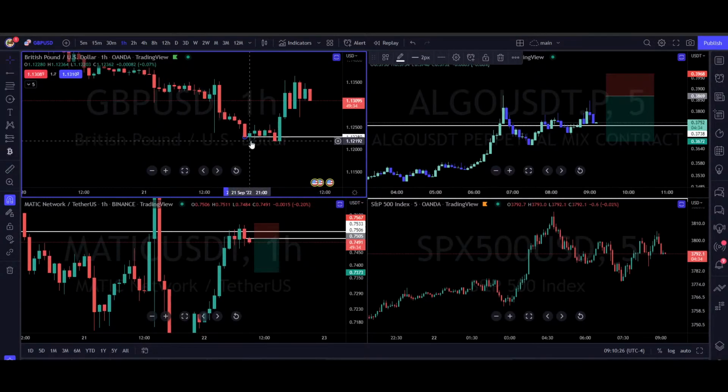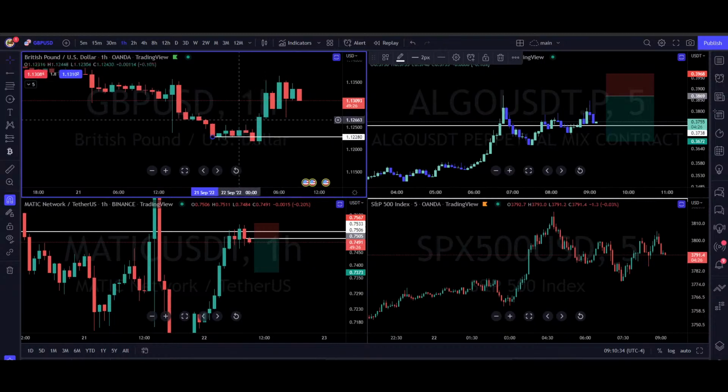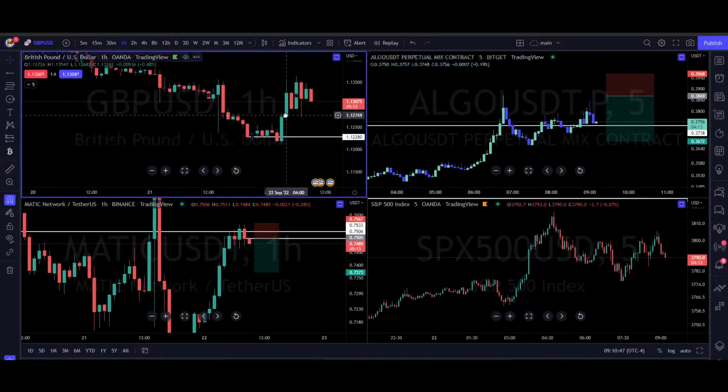Also, anybody that got long over here, this is to stop them out. This is a liquidity generating move, a Judas swing. So basically, it's the fake out. It pushes lower, breaks down below support, and then instantly reverses course because traders like myself got long here.